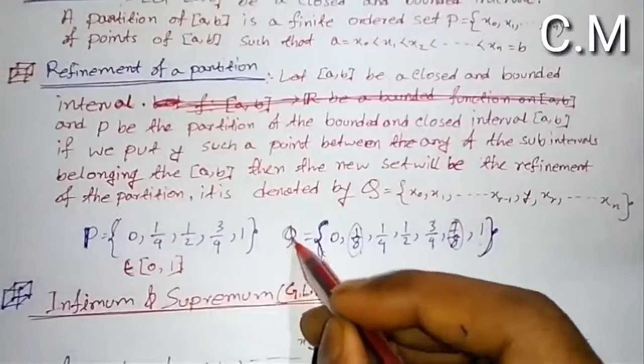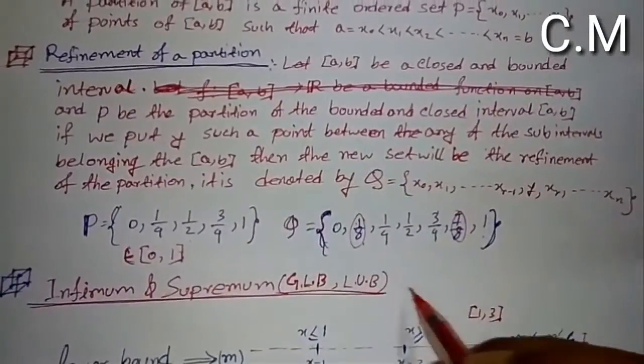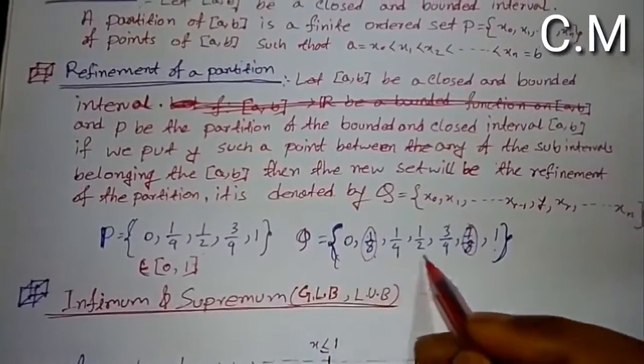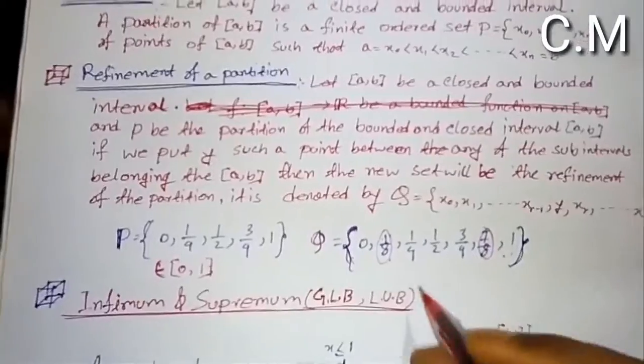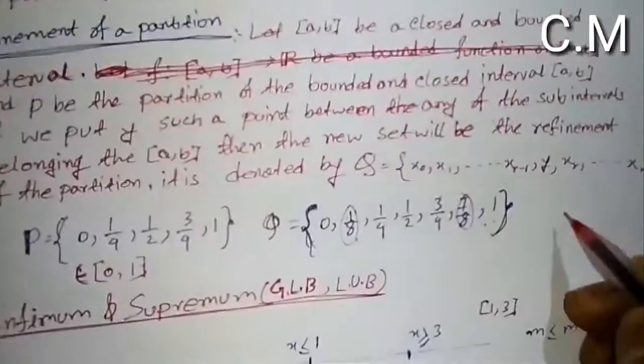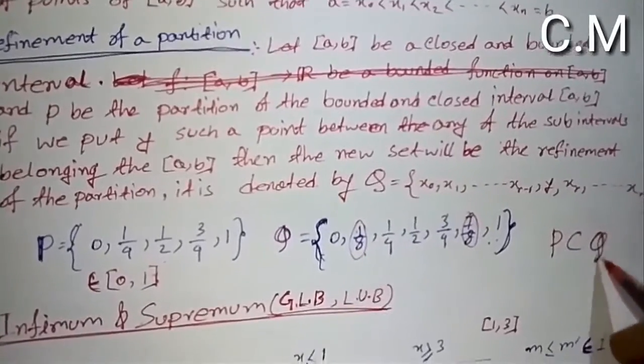So I can say that Q is a refinement of P, and the number of elements in the refinement is greater than in the partition. So I can write that P is a proper subset of Q.